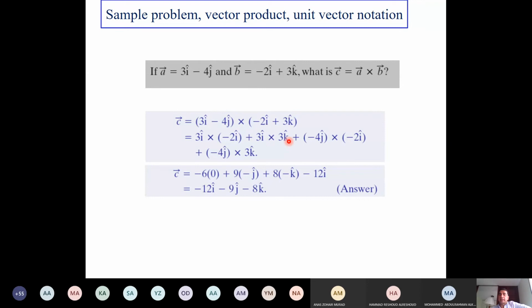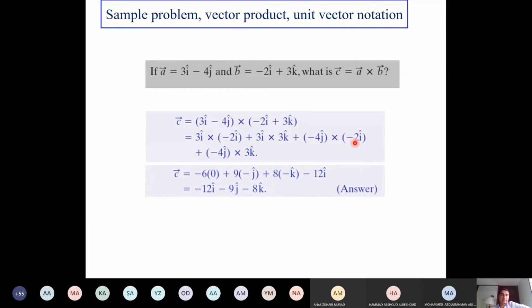But from i to k, I'm going to get minus j. 3 times 3, I'm getting 9, so that is minus 9j. Similarly, the magnitude 2 times 4 is 8, but j times i, now the order is changed, so j times i is going to give me minus k.